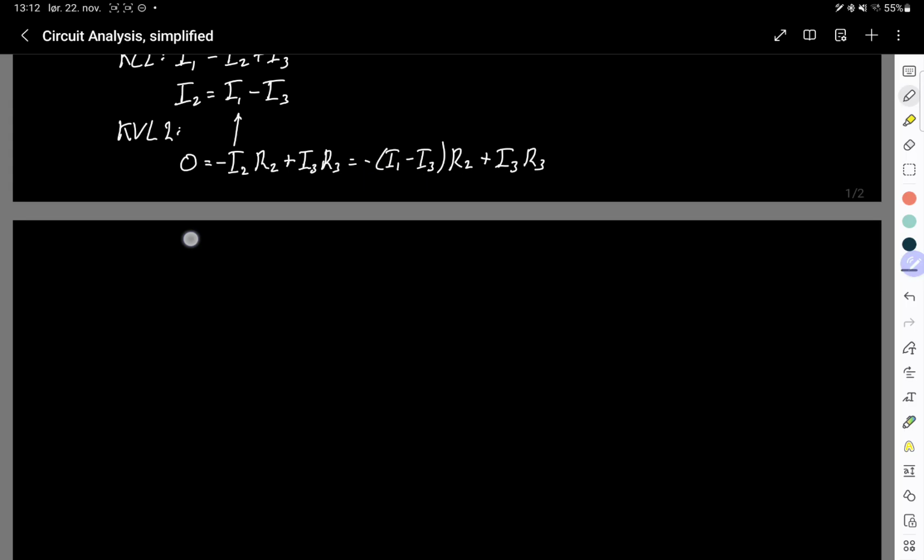So 0 will equal minus I1 R2 plus I3 R2. The plus is because we've got two minuses, so it becomes plus I3 R3. Now, we know every value except for I3, so we can solve for it. We'll just quickly move out the parentheses.